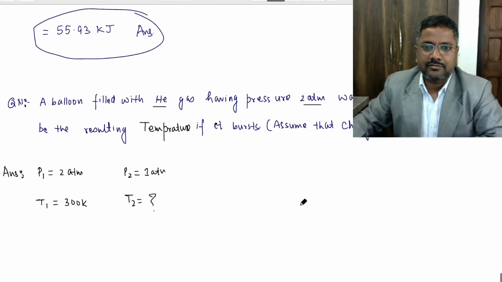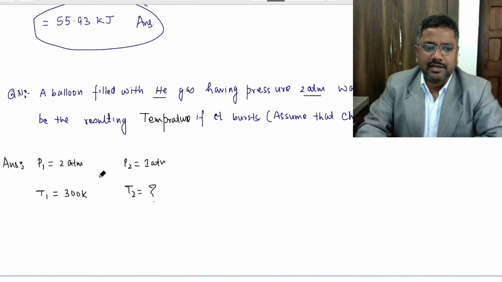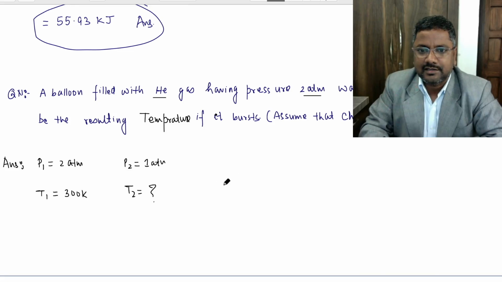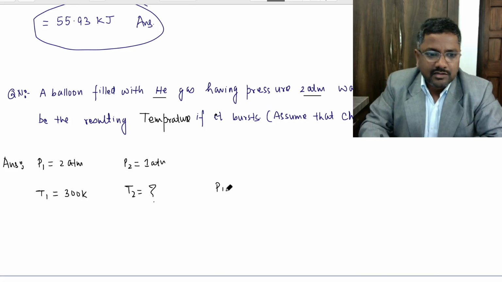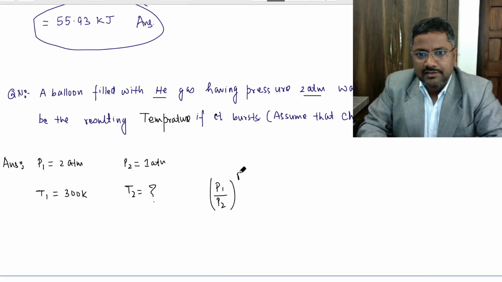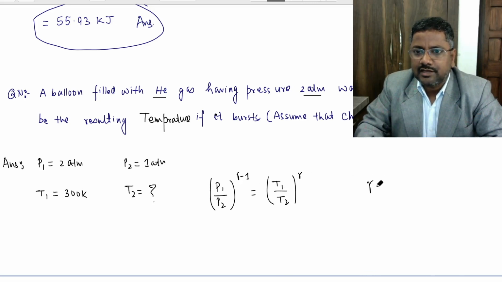Very simple, you can calculate this final temperature by using the equation (P1 by P2) to the power gamma minus 1 is equal to (T1 by T2) to the power gamma, and this is monoatomic, so gamma is equal to 5 by 3.